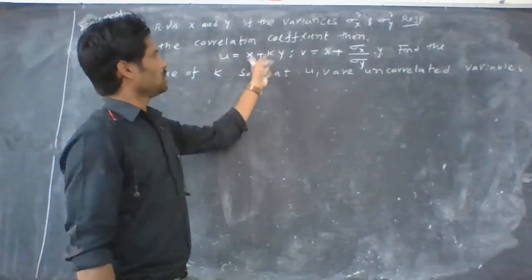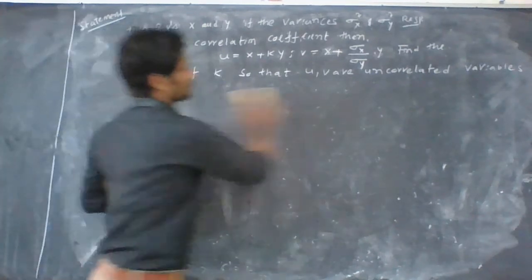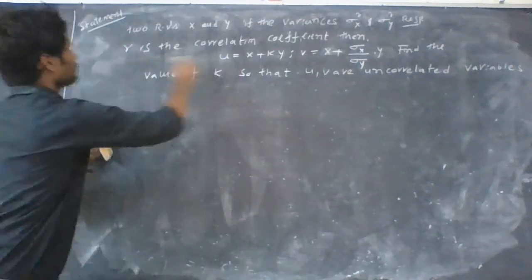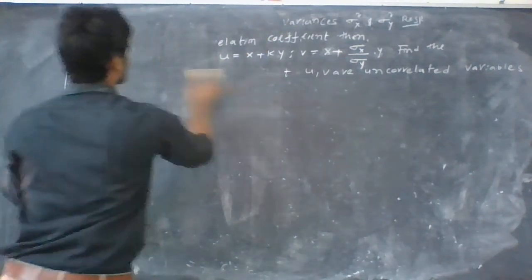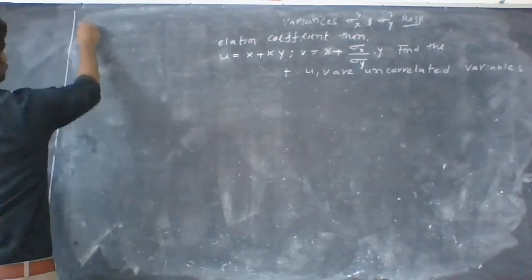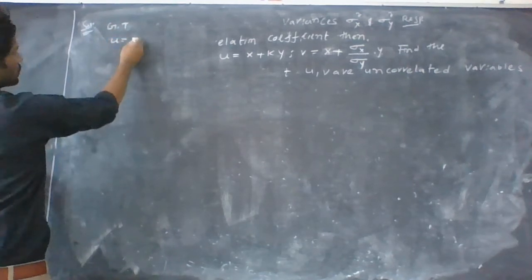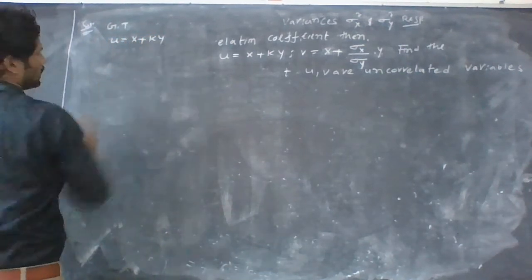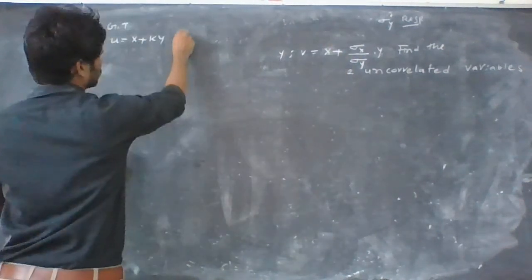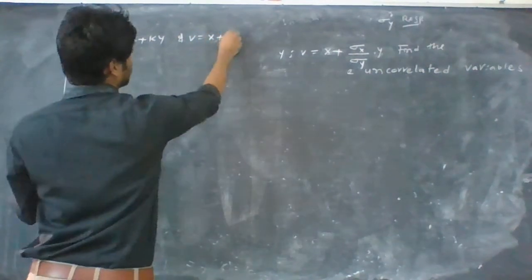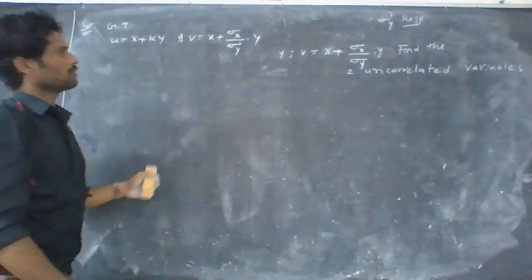Now taking u and v. Given that u is equal to x plus ky and v is equal to x plus sigma x by sigma y into y.